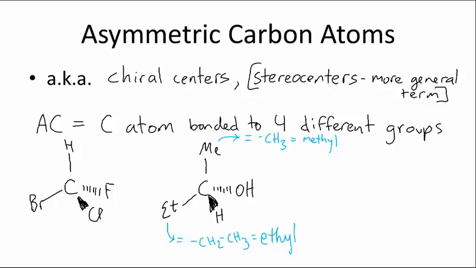So, I'd like you to take a carbon atom, take a model of a carbon atom, and bond it to 4 different groups. You could use 4 different colors to represent those 4 different groups. And take a separate carbon atom and bond it to the same 4 colors.